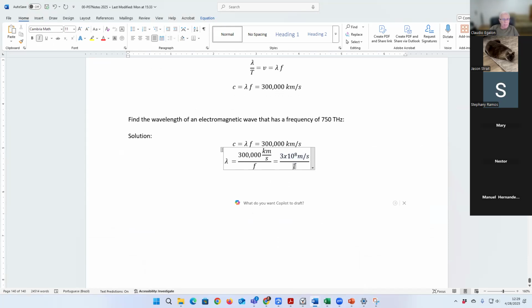And then we are talking about 750 times 10 to the 12 hertz, right? Hertz is 1 divided by second. We can rewrite that as 7.5 times 10 to the 14th.